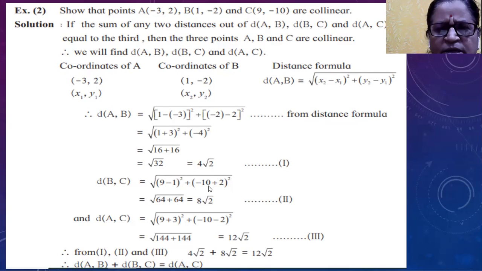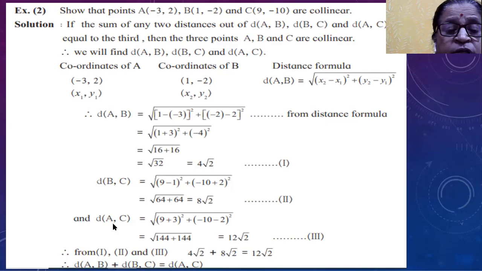Then y2 is minus 10 minus y1 which is 2, bracket square. Making this, 9 minus 1 gives 8, and 8 square is 64. Then minus 10 minus 2 is minus 12... we also get 64, so 64 plus 64 is 128, which is 64 into 2. We take factors, and 64 is 8 square, so the square root gives 8 into square root of 2.